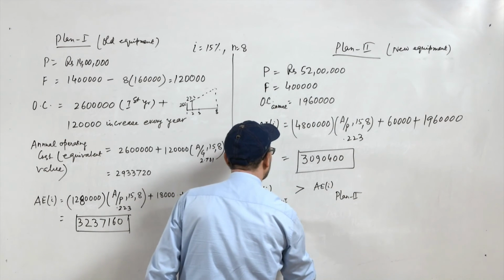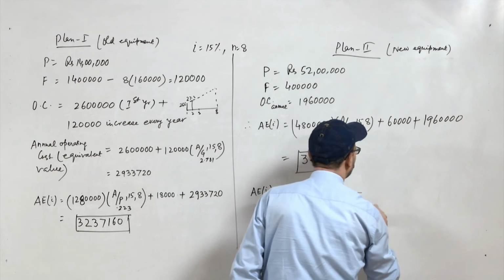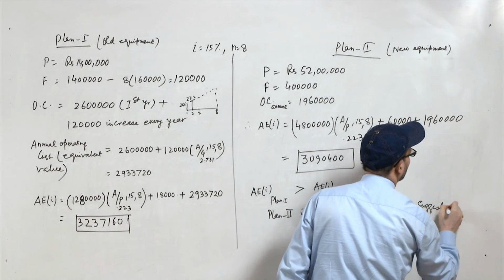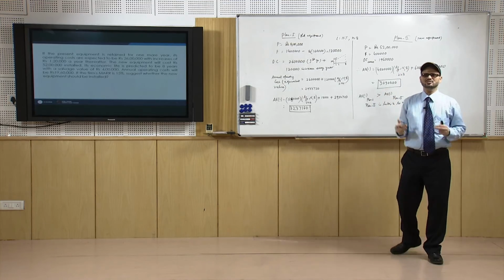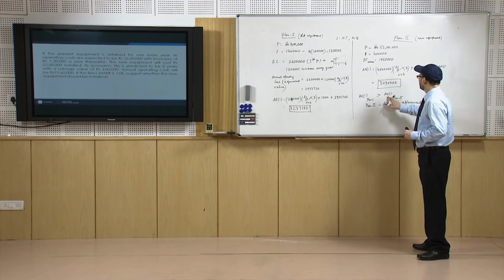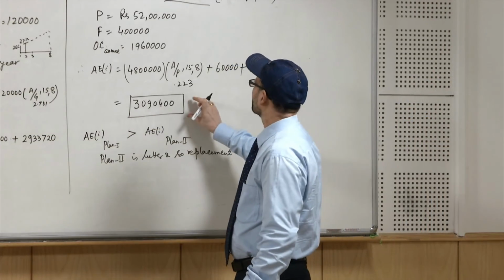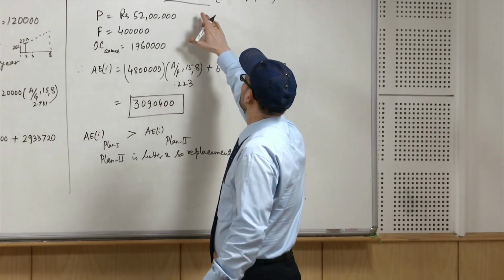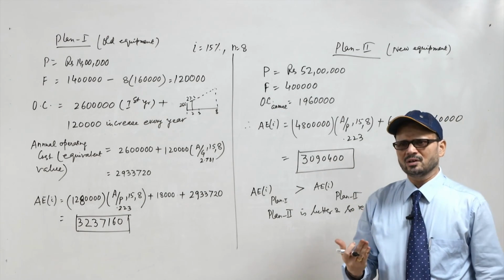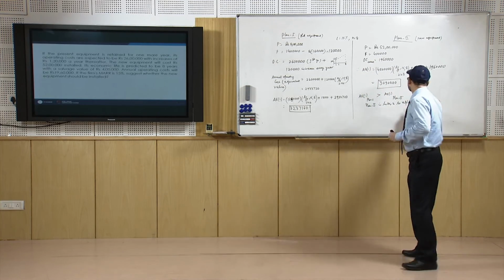Plan 2 is better, and so replacement is suggested, because this is an annual equivalent cost that involves the cost to run. That is why we will go for the option which gives the minimum cost. So, it is better in this case to change the old equipment and go for the new equipment, which is based on new technology consuming less energy, and that is why the replacement is suggested.